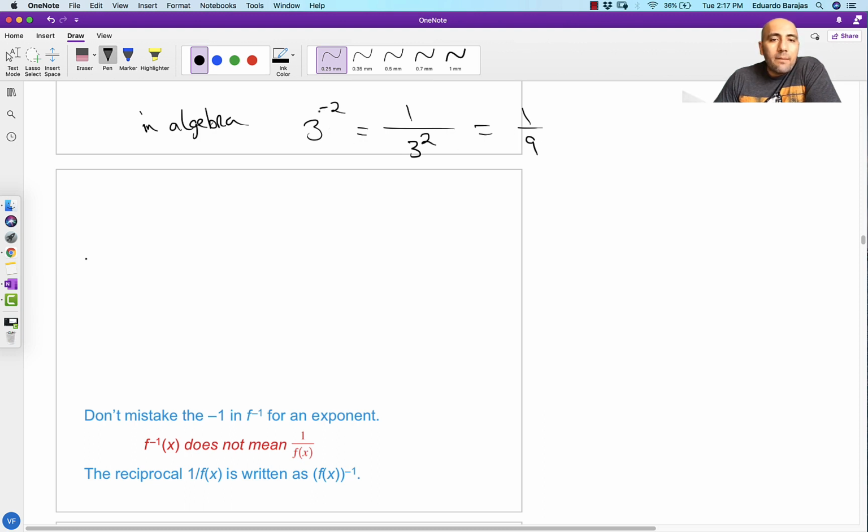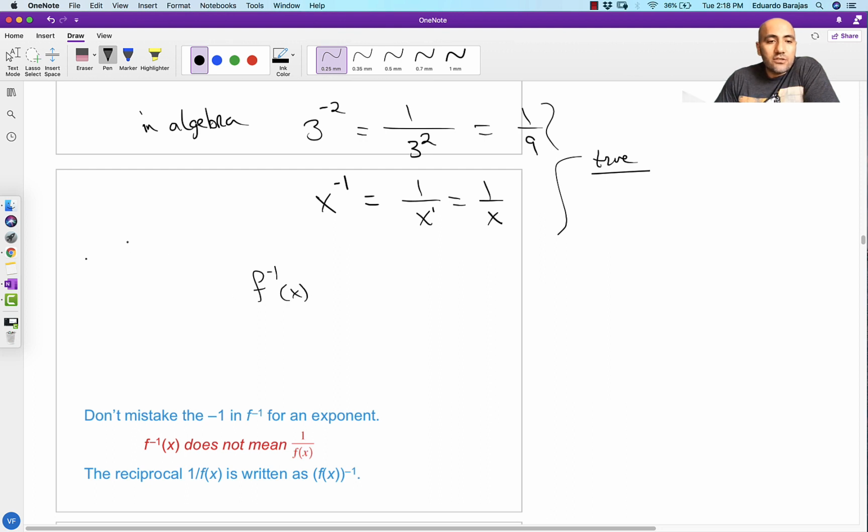But it does not mean the same thing with functions. If we had a variable, x to the negative 1, that would also mean 1 over x to the positive 1, or just 1 over x. True. But now we invented this whole new idea, f to the negative 1 in function notation, and this does not equal this.